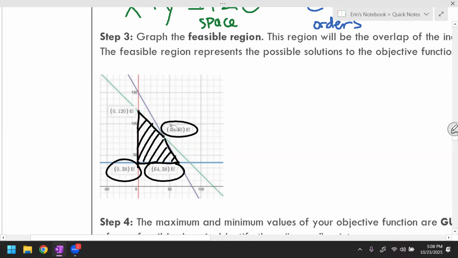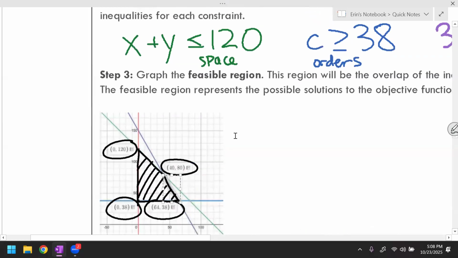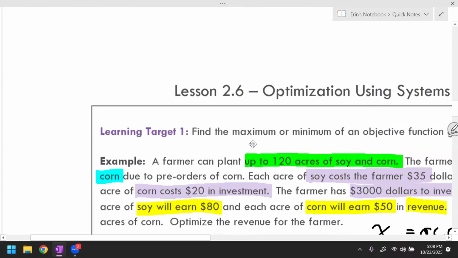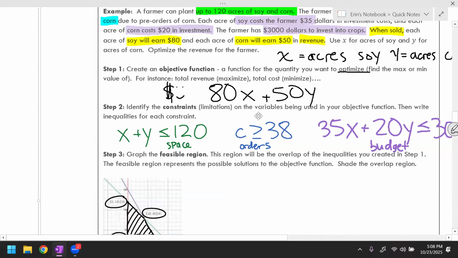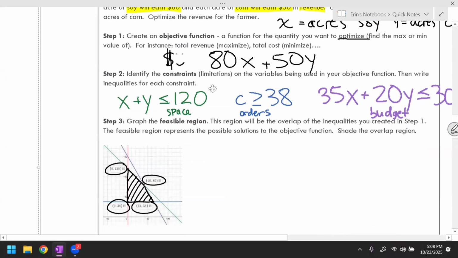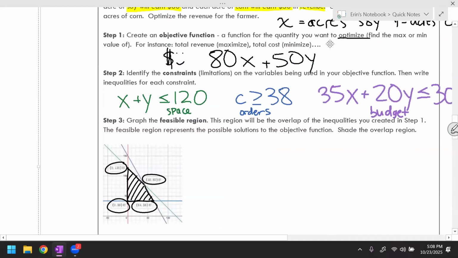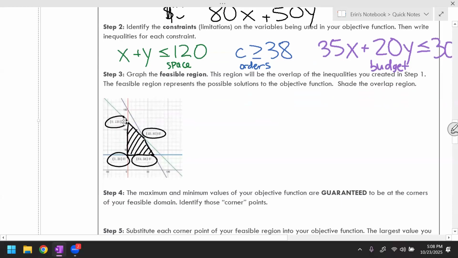Now, we're not going to prove this in this class. But if I go back to my objective function, how much money I'm going to make, 80x plus 50y, the maximum and minimum of this function will occur at the corners of my triple shaded region.